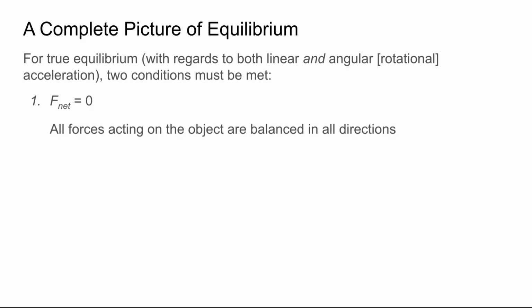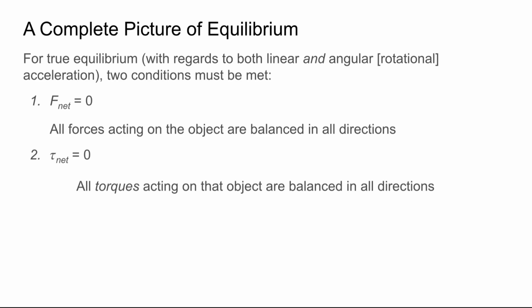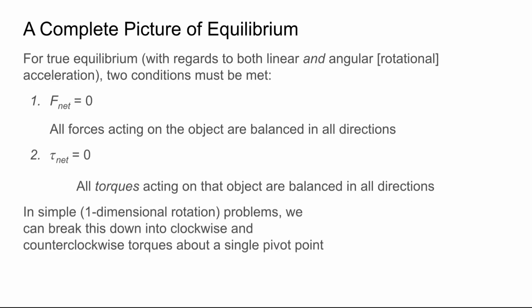So all forces acting on an object need to be balanced in all directions so that the center of mass of that object is not accelerated in a linear or translational sense. But secondly, to prevent any rotational motion, we also need the net torque on an object to be zero. So all the torques have to be balanced in all directions. And this means that in a simple one-dimensional rotation problem, we can break this down to clockwise and counterclockwise torques around a single pivot point.